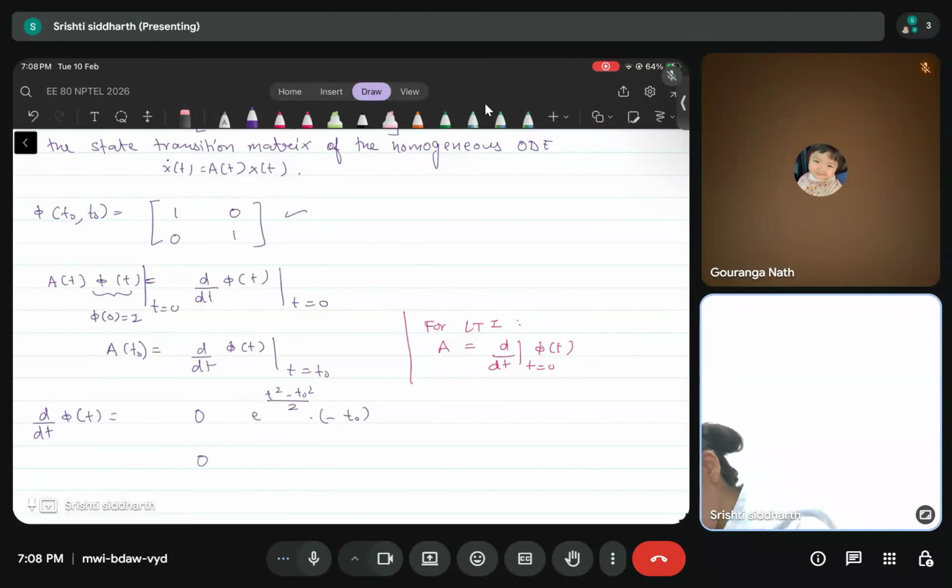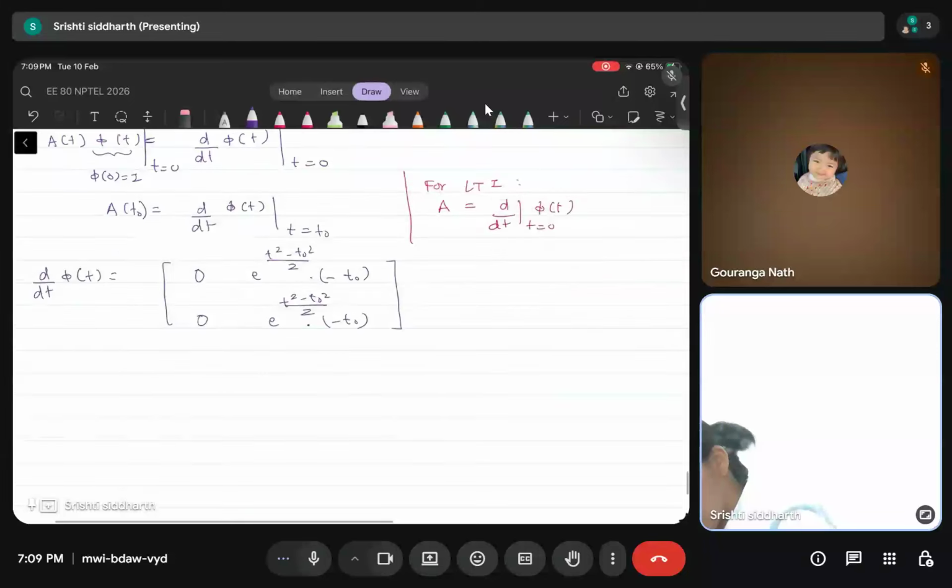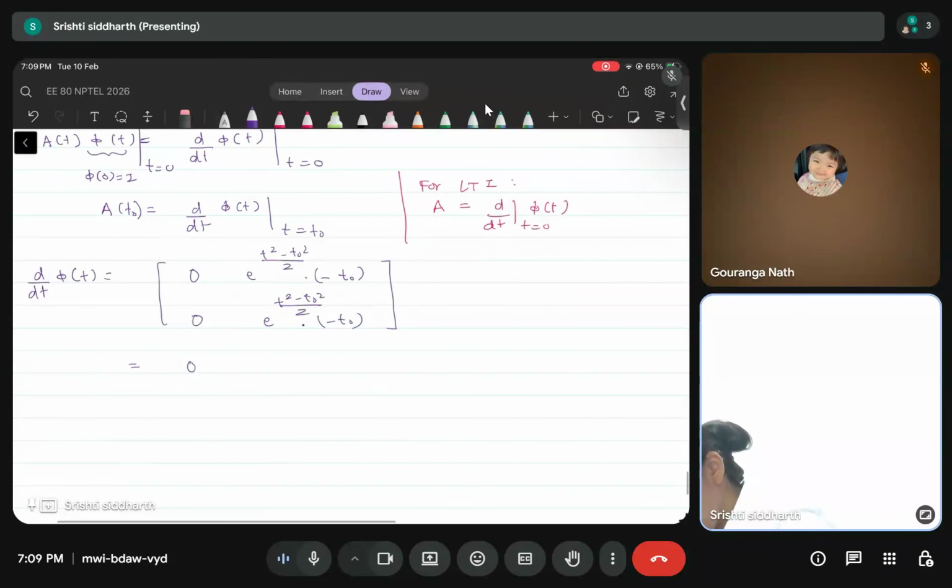This is 0 and again the same quantity. This becomes 0, minus t naught e to the power.